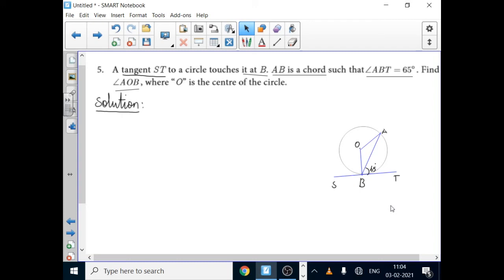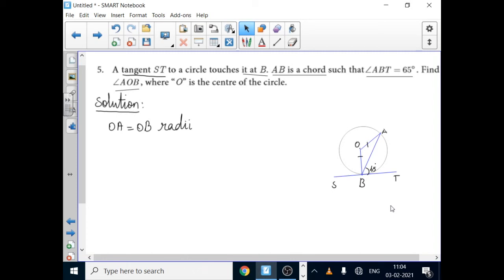So OA is equal to OB because they are the radii to the circle. So they are equal in the diagram. So I mark it in the diagram. This length and this length are equal. Angle ABT is 65 degree.